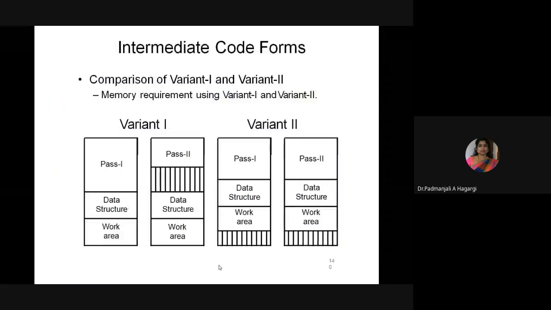We can imagine them in opposite directions: pass 1 data structures and work area, and pass 2 data structures and work area, and in variant 2 the pass 1 data structures and work area relate to the memory utilization of the CPU, and here the pass 2 data structures and work area.